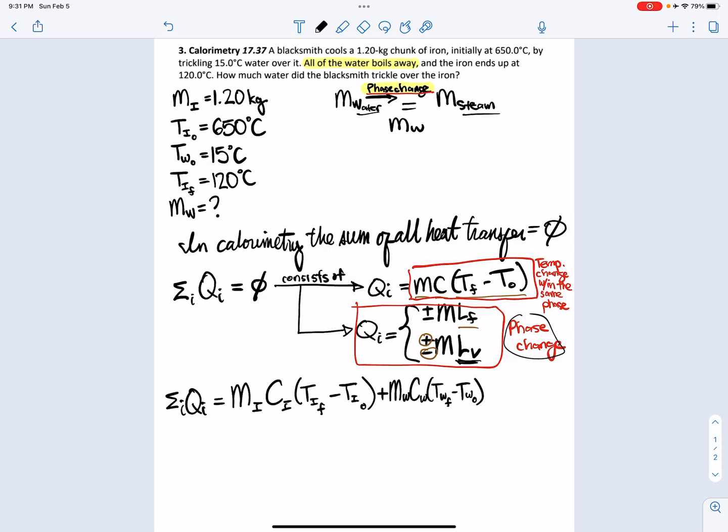So it's going to be plus, because we're going from water, liquid, to steam, so heat is added to the system. So we've got M of water, mass of water, times latent heat of vaporization of water.